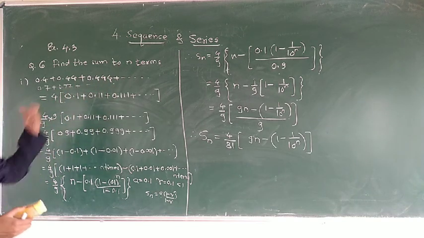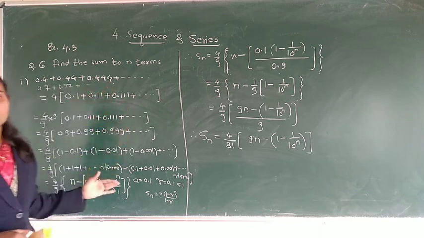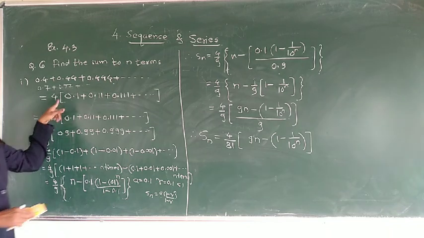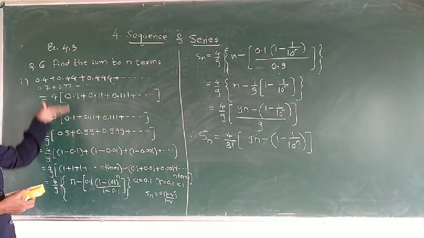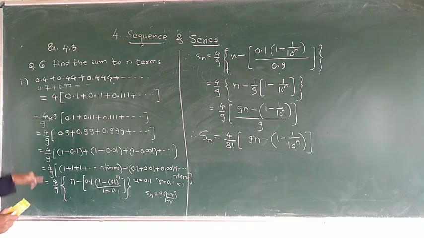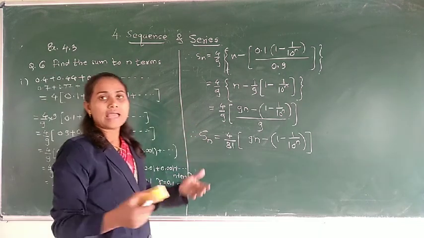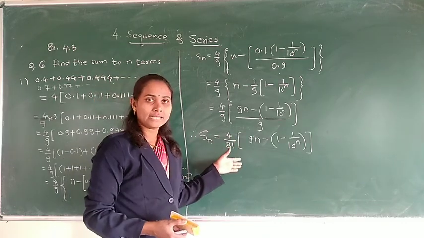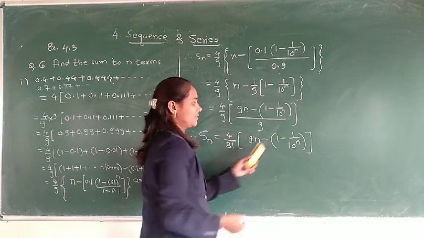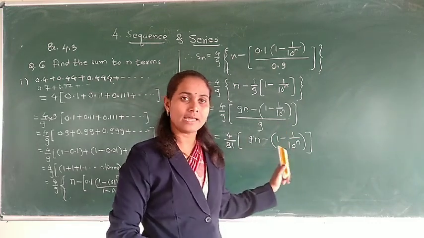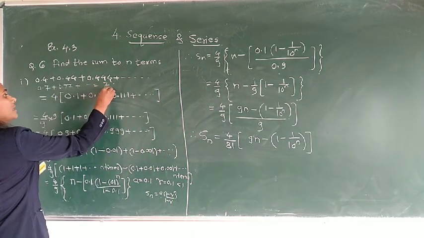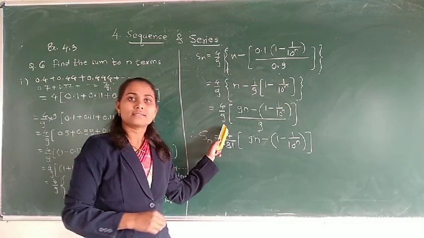What changes if you want to find the answer for the sequence of 7? You solve this question the same way. Only the first term is 0.7, so we take 7 common from this, and in the bracket you don't have to make any changes; they stay as they are. Here everywhere it is 7 by 9. Hence the answer we get is 7 upon 81, and the bracket also cannot be changed, that is 9n minus 1 minus 1 upon 10 raised to n, which is the answer for this question. Instead of 4 there is only 7 upon 81.